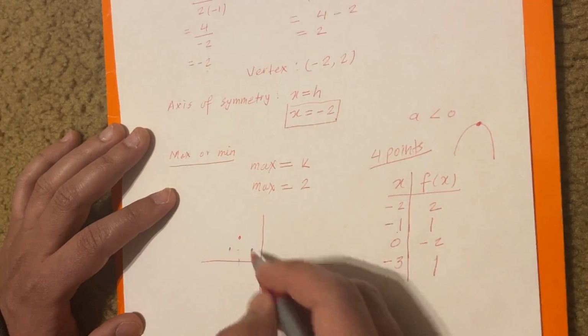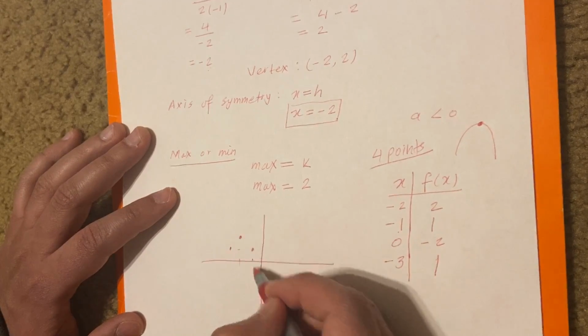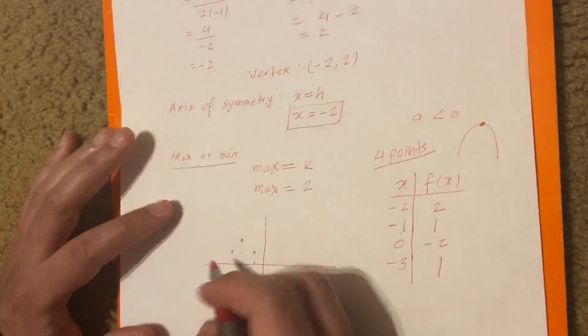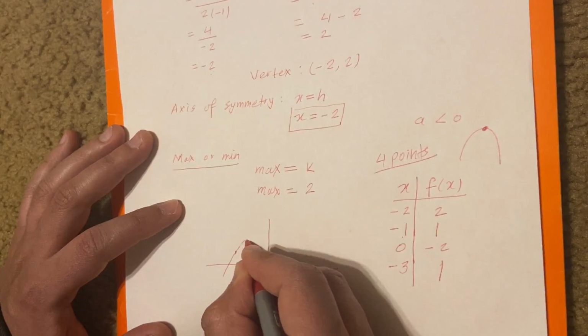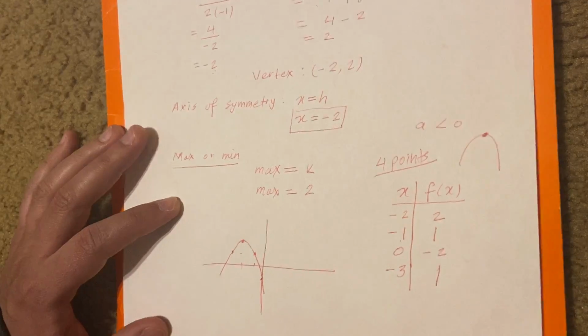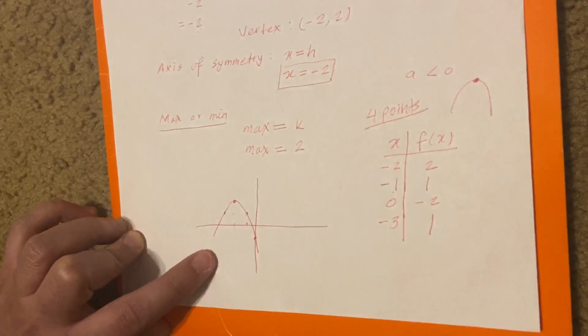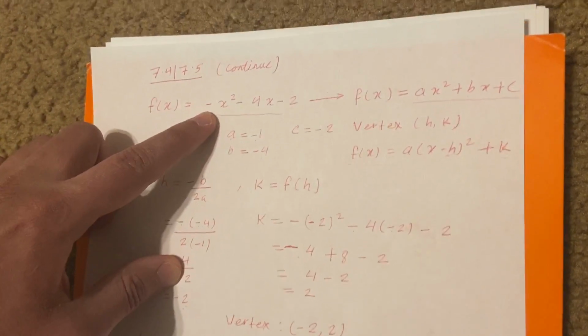So we got the shape, right? It's going to be something like this. So once you see the shape, then you can just make a parabola, something like this. So this is the final graph of this equation right here.